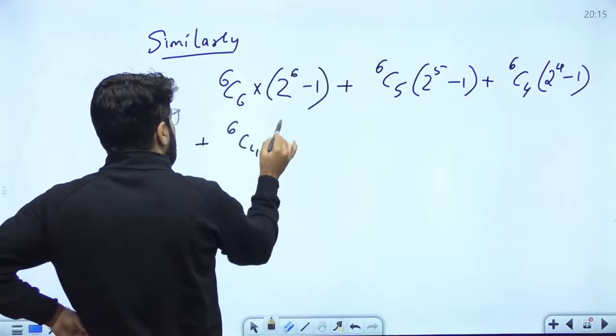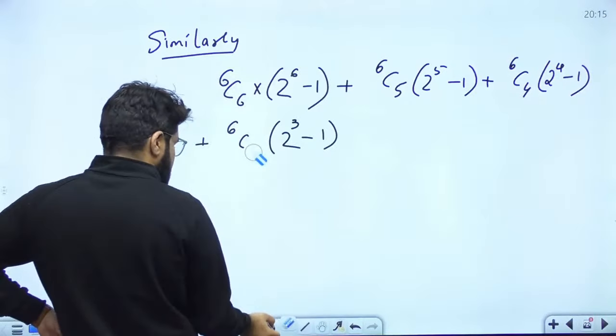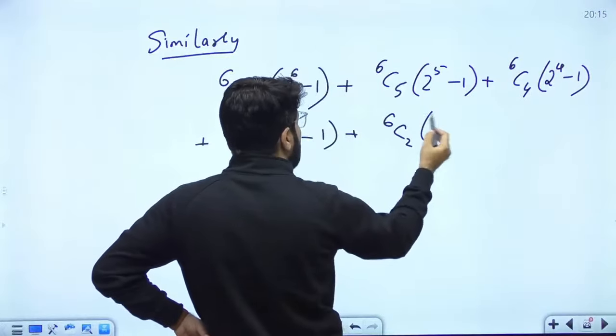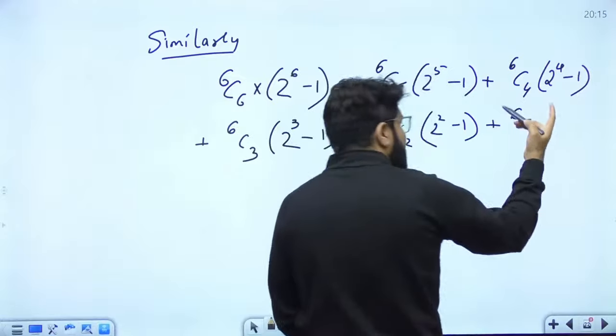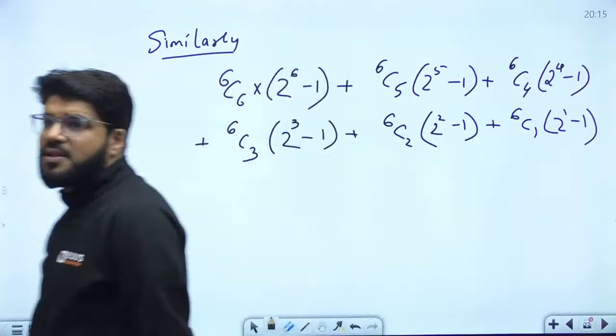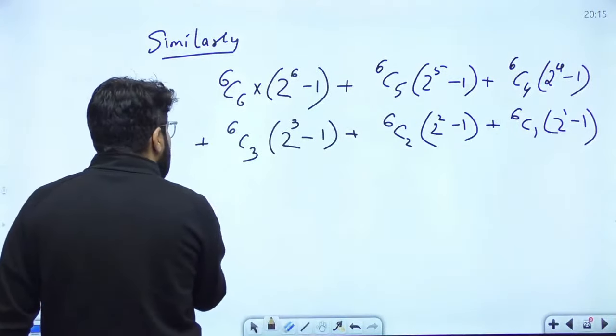Similarly, 6C3 into 2 raised to the power 3 minus 1, T can contain 3 elements. T can contain any 2 elements and then the number of possibilities for S will be 2 power 2 minus 1. And T can contain any 1 element and then the answer here will be 2 power 1 minus 1. This is the calculation. Dear, simplify this calculation. That is up to you.